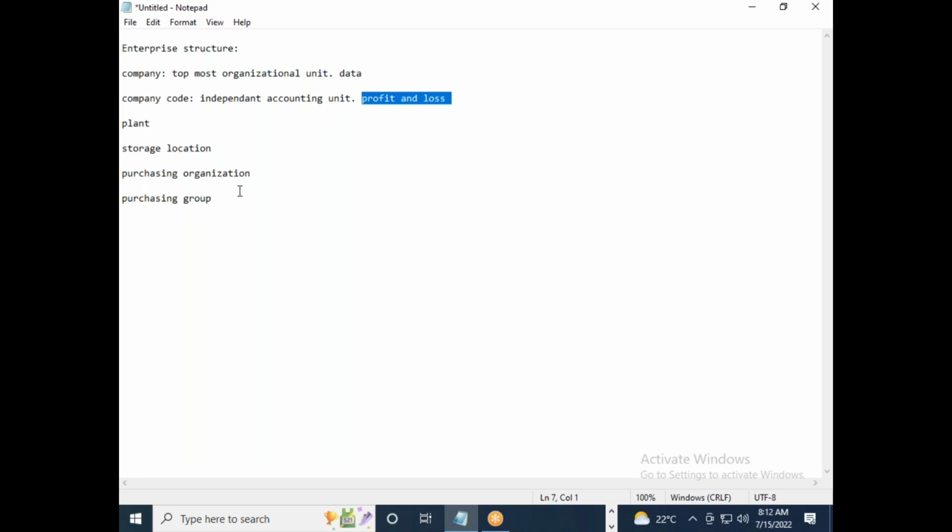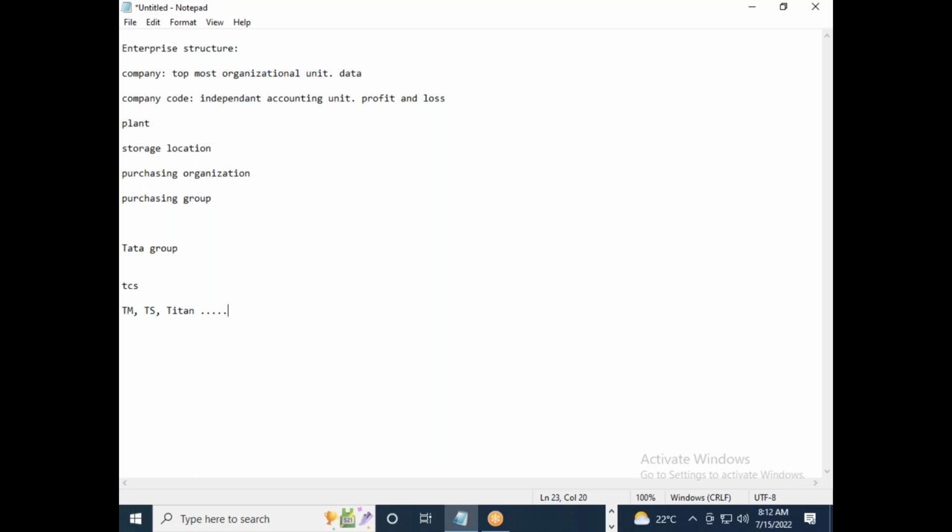Now I will tell you one real-time example between the company and the company code so that you can understand better. Let us take the Tata Group. Under a single Tata Group, we have multiple organizations: TCS, Tata Motors, Tata Salt, Titan, Tata Chemical.